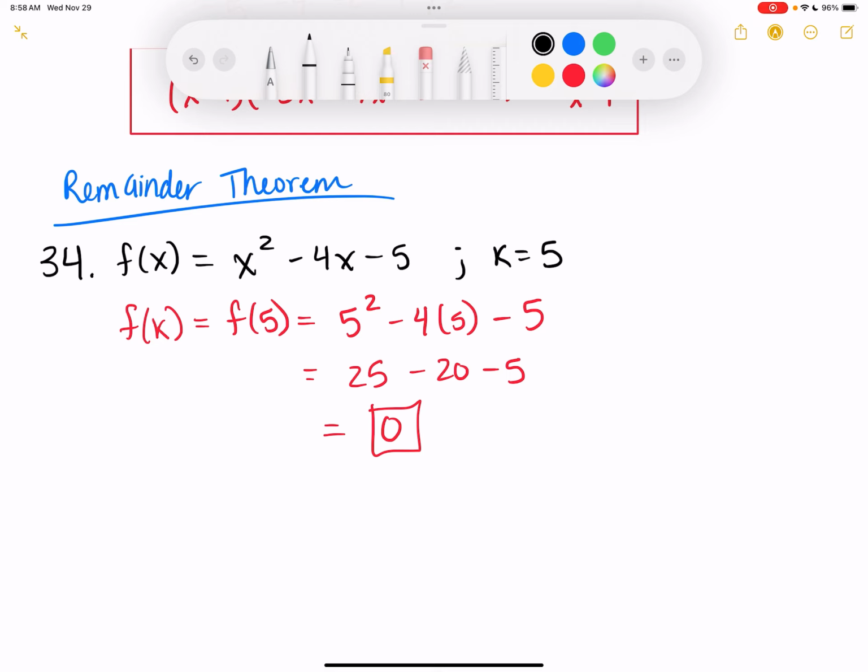38. f of x is equal to 2x cubed minus 3x squared minus 5x plus 4, and k is equal to 2.